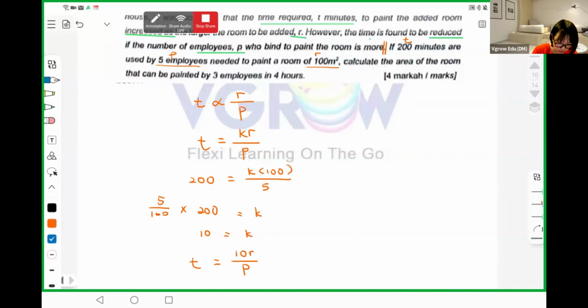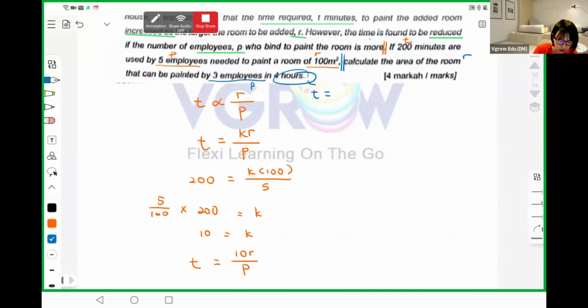Next, we calculate the area of the room, so find R, by 3 employees, P is 3, then in 4 hours. Suddenly it changed the unit, so you have to change this to minutes.